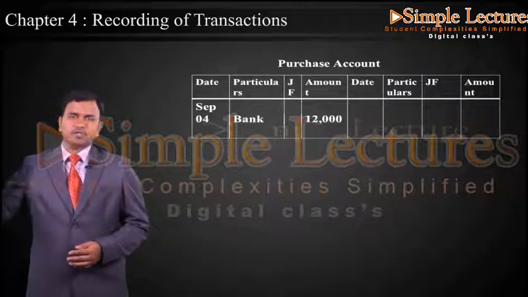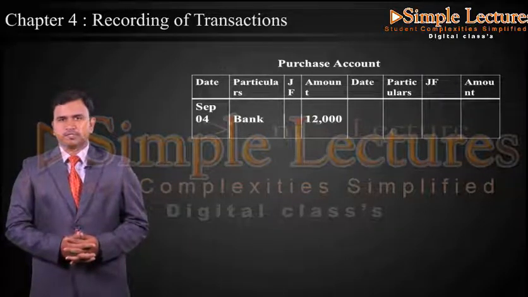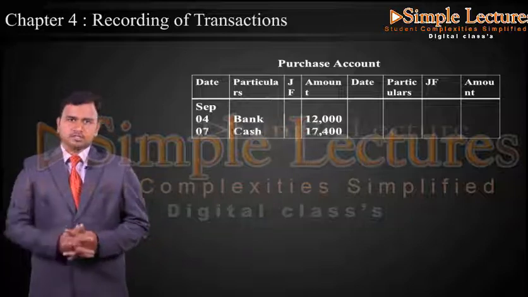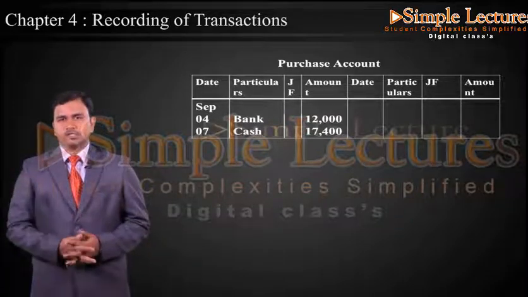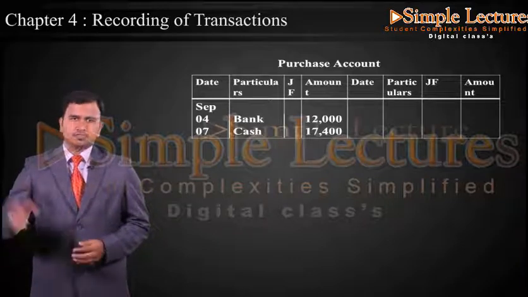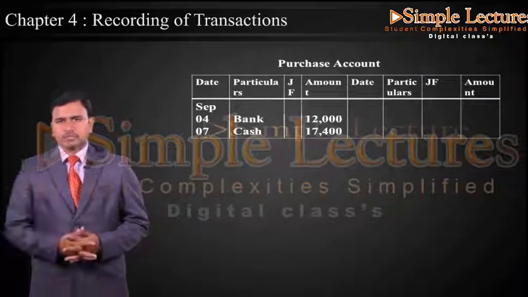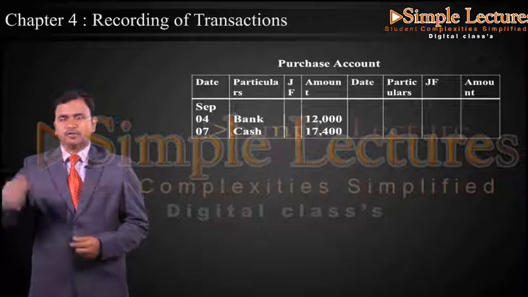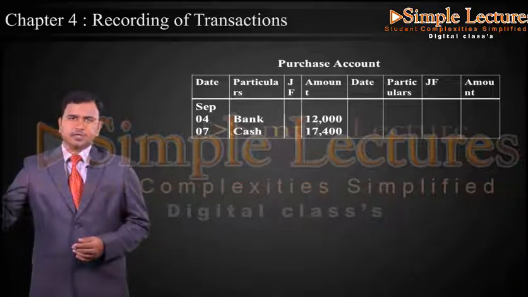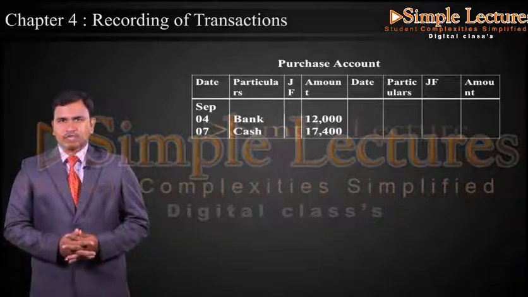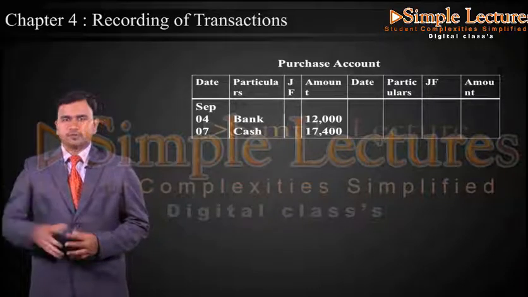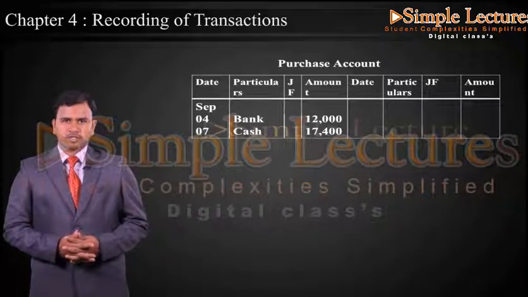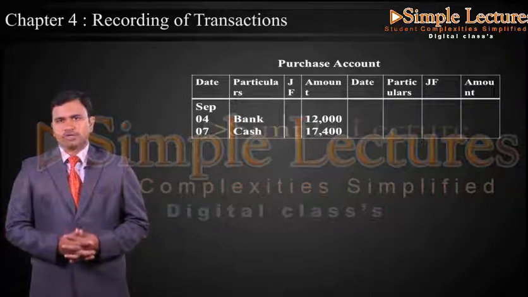Again coming to the double column cash book, another purchase we have is on September 7th, where the amount was in the cash column. So again from the credit side it will be posted to the debit side: date September 7, to cash account, 17,400. We have only two purchase entries in the double column cash book, so this account should be closed here.